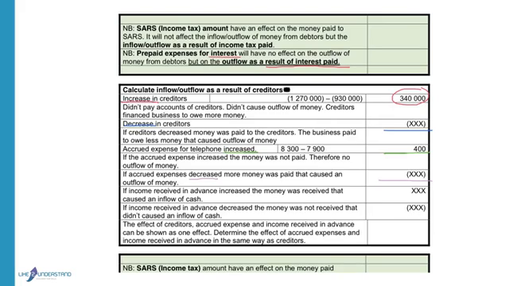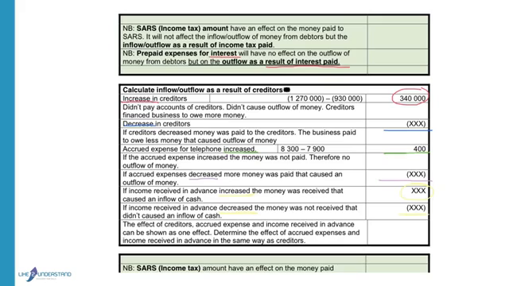If income received in advance increased, it means that we received more income. So it means there was an inflow of money. If income received in advance decreases, it means that we didn't receive the money, so it is an outflow of money because we finance the other people.